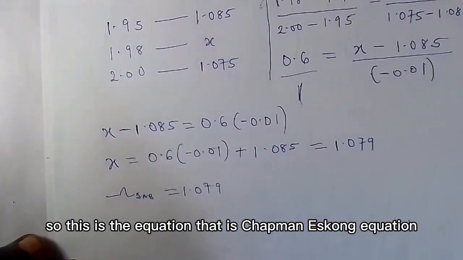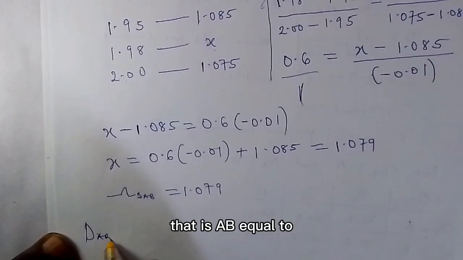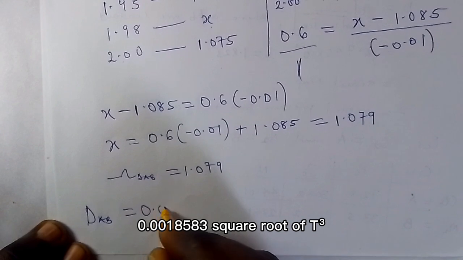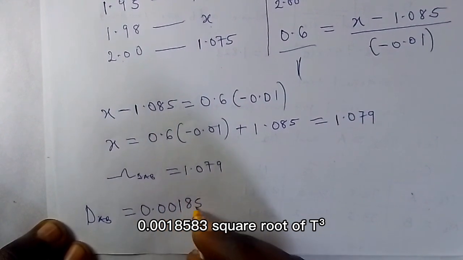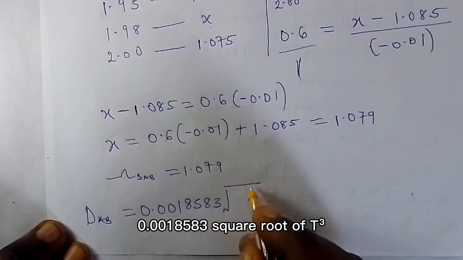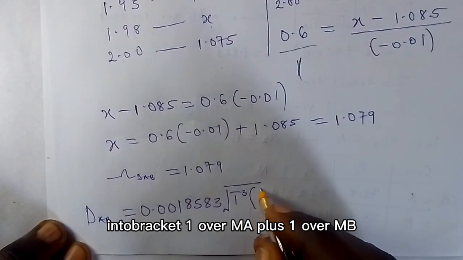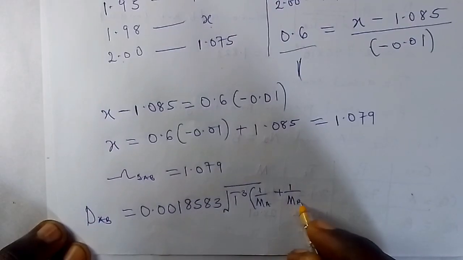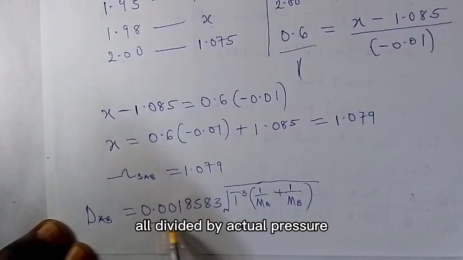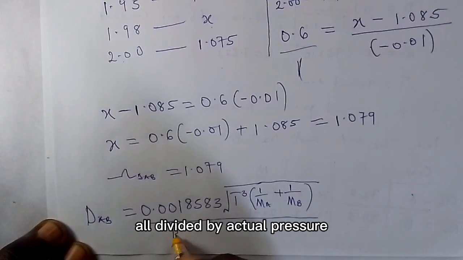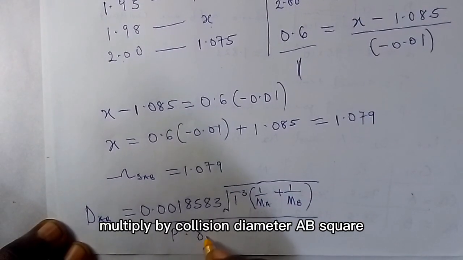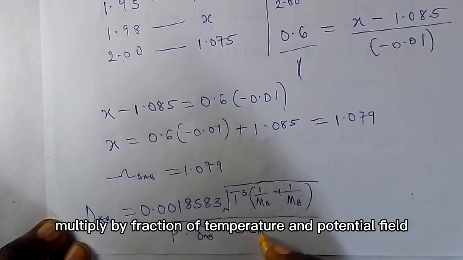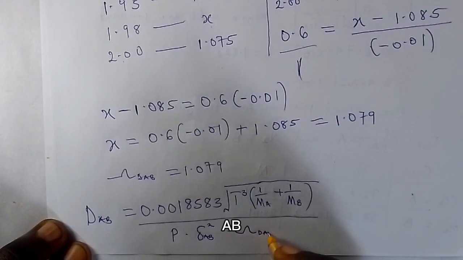So this is the equation, that is the Chapman-Enskog equation, diffusivity AB equal to 0.0018583 square root of T cubed bracket 1 over MA plus 1 over MB, all divided by actual pressure multiplied by collision diameter AB squared multiplied by fraction of temperature and potential field AB.